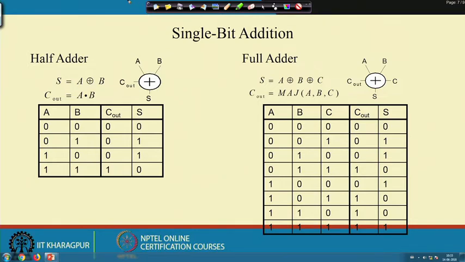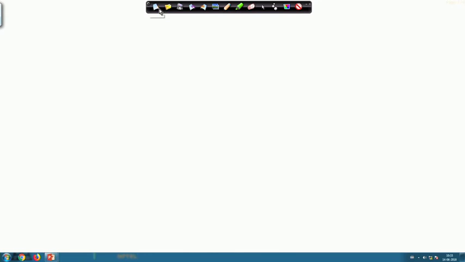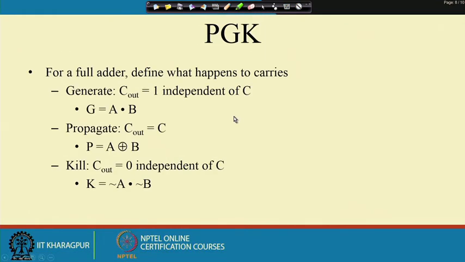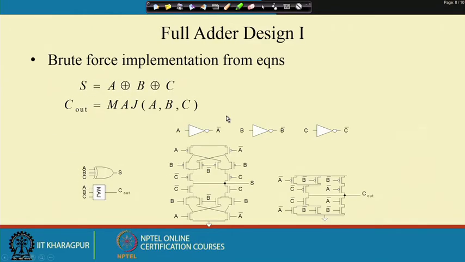Then, for a full adder, let us see what happens to the carry values. I will come to that point later.